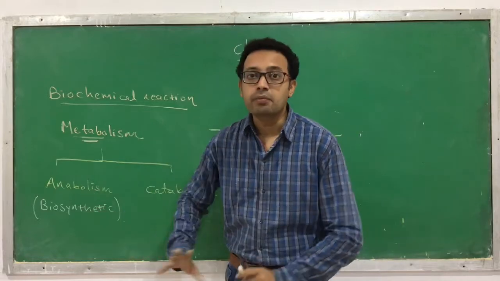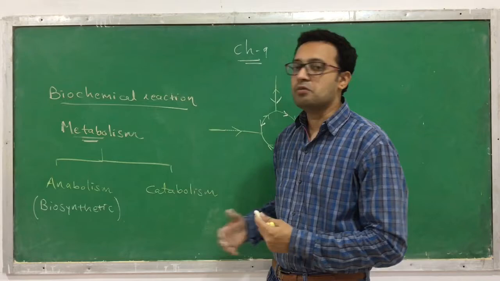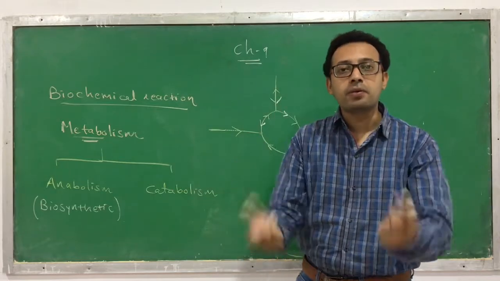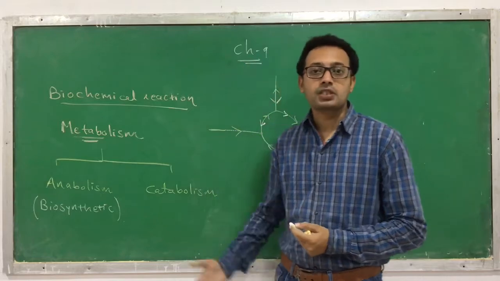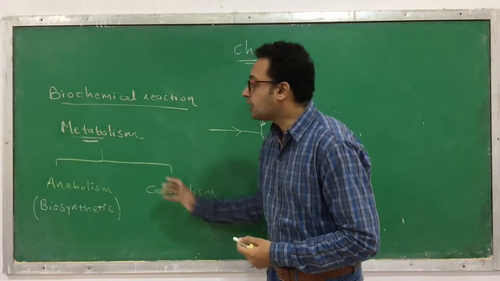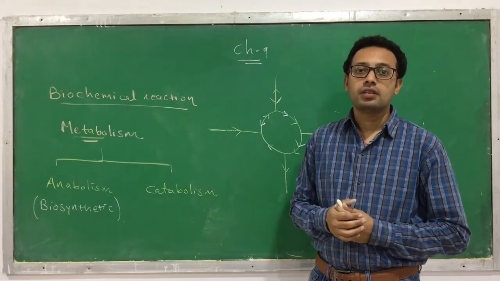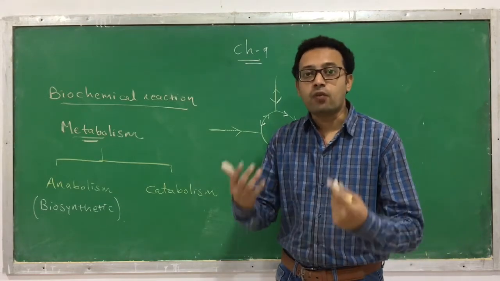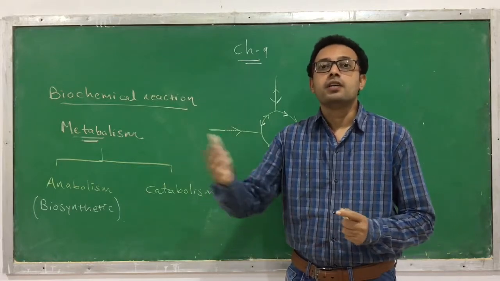In anabolism, a new, large molecule is formed. In catabolism, a molecule is broken down and converted into a simpler form. This is called catabolism. Both kinds of processes are continuously happening in our body. Which process has the higher weightage depends on how your body works.